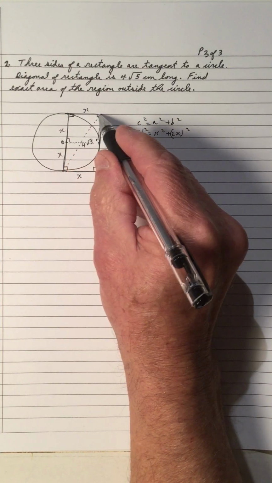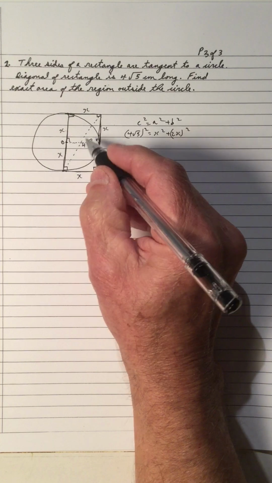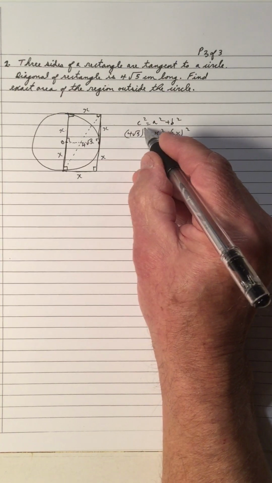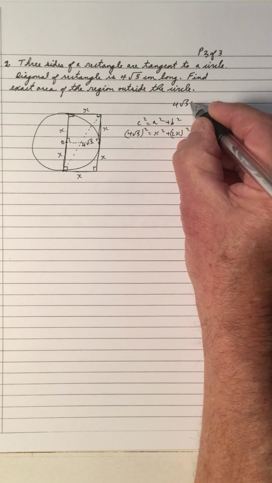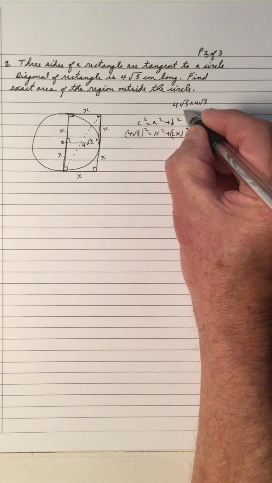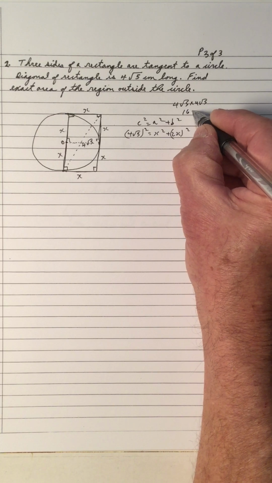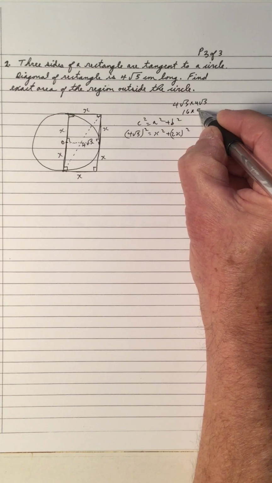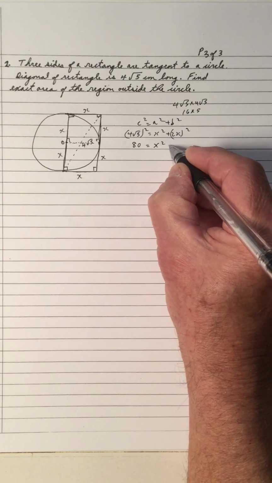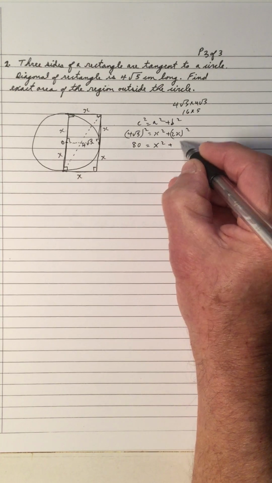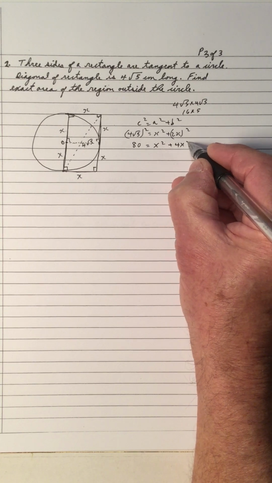So this side is x, this side is 2x. So square it out: 4 root 5 times 4 root 5 is 16 times 5, that's 80. So that's an x squared. So 2x times 2x is 4x squared.